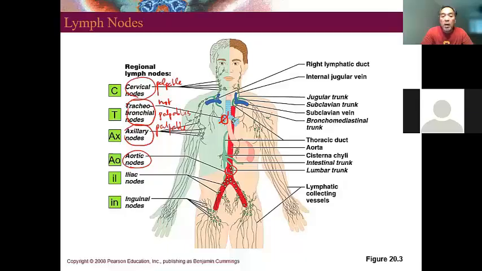Everything will be drained by the aortic nodes. Again, you don't feel it because it's located inside. This is non-palpable.